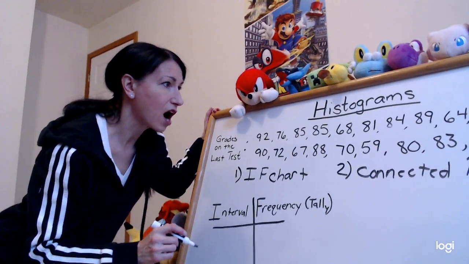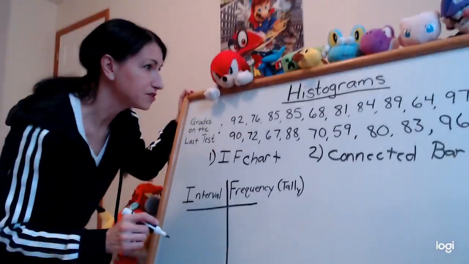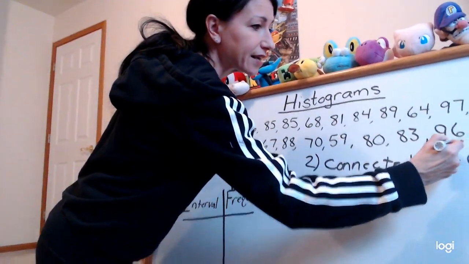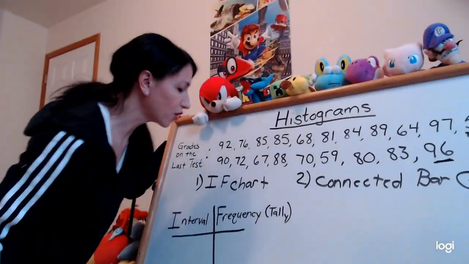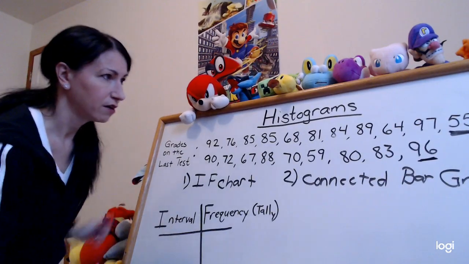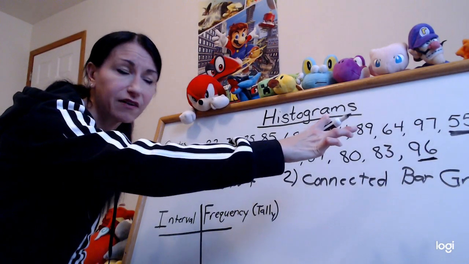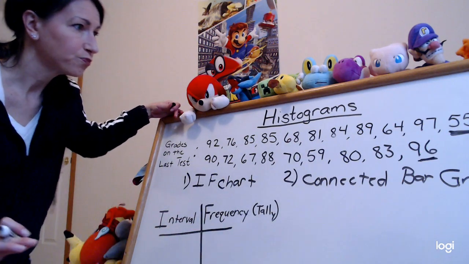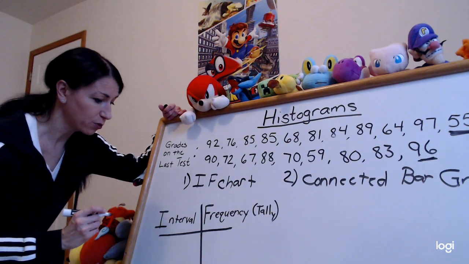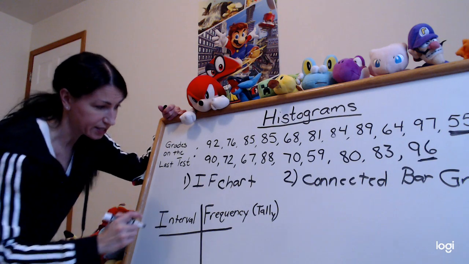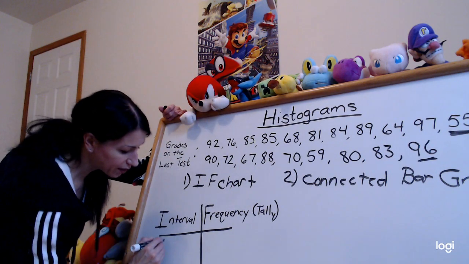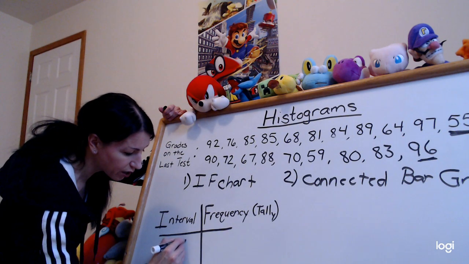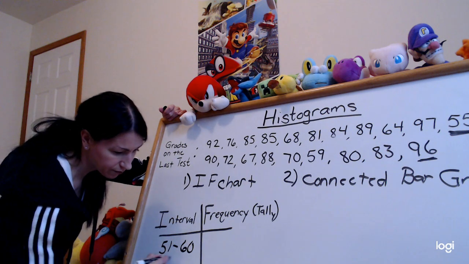All right, and our highest, I believe, is our 96. So I'm not going to start my interval at 1. My lowest number is a 55. So I'm going to do what I normally do when I look at tests. I'm going to look at the 50s. Since 55 is my lowest, I'm going to do 51 to 60.